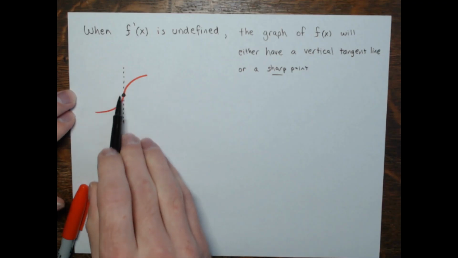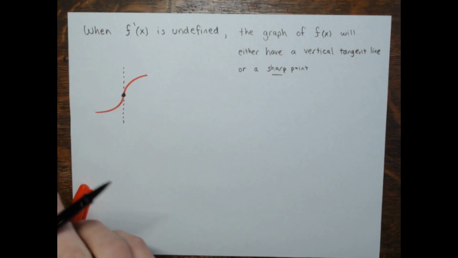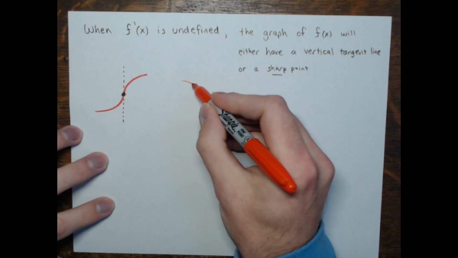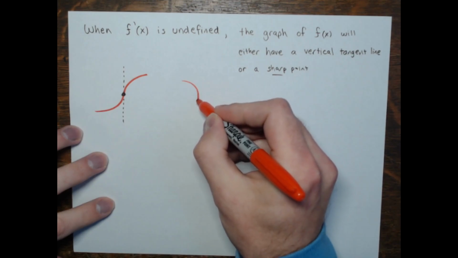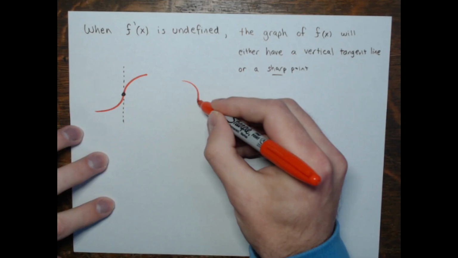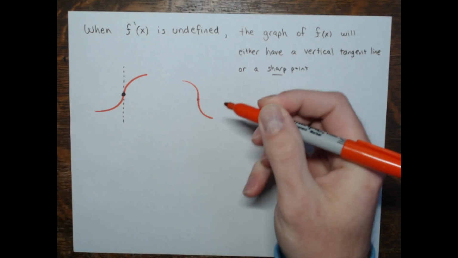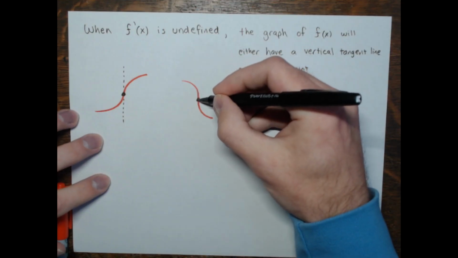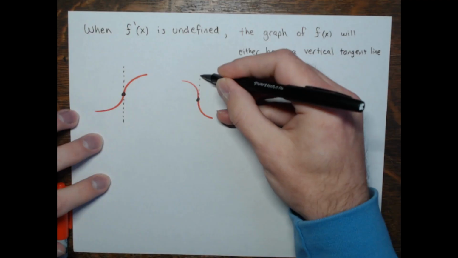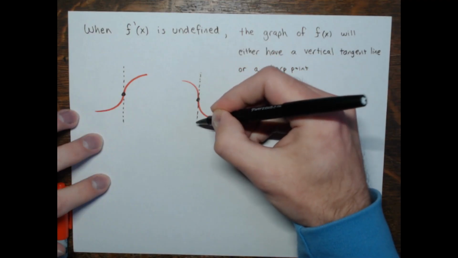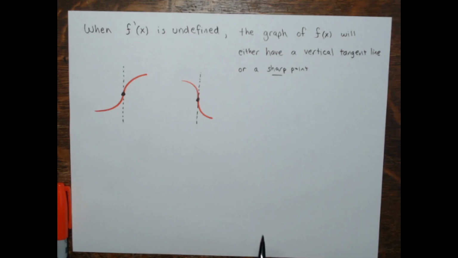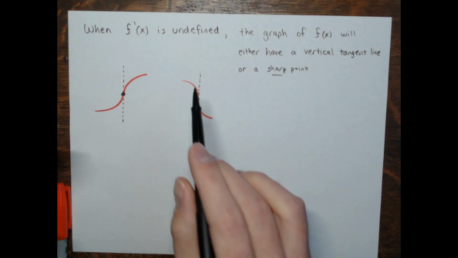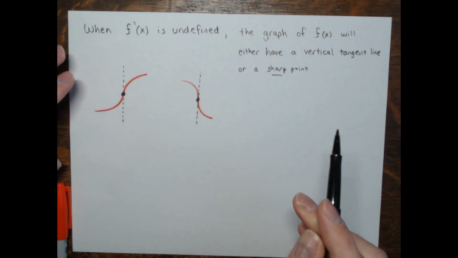At that moment, you're looking straight up and down. Something similar would be if I was decreasing and then straightened up a bit here and then continued to decrease. Again, at a point like this, still looking straight up and down at this moment, vertical tangent line. So the first derivative would be undefined, right? This is a vertical line, which has an undefined slope.